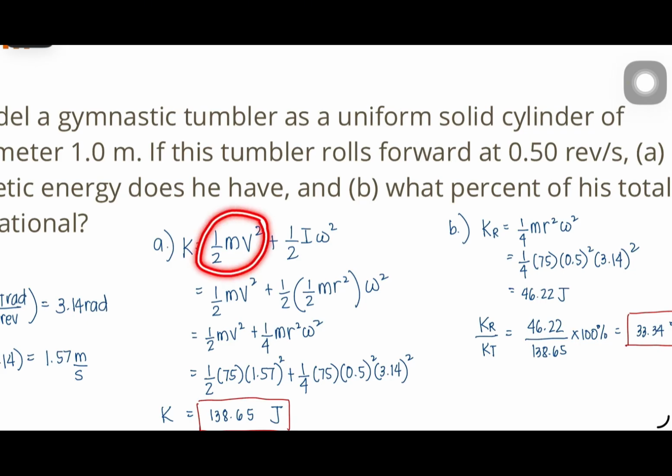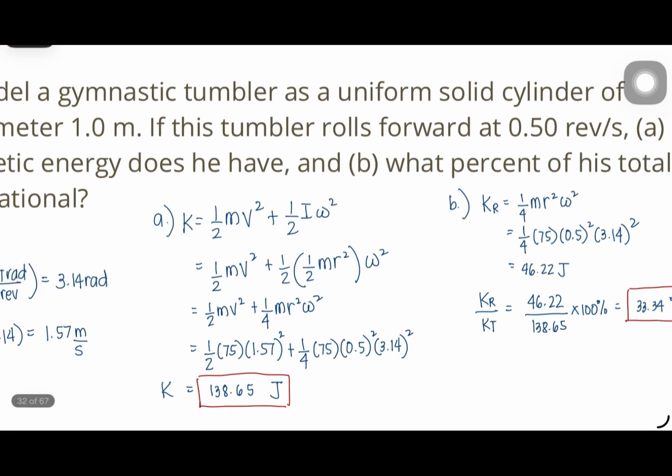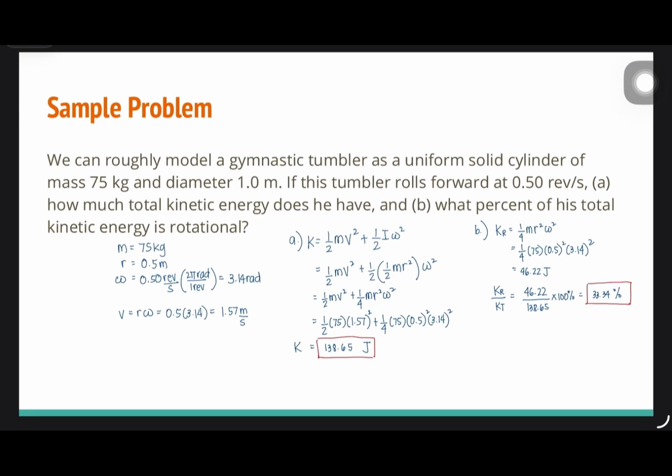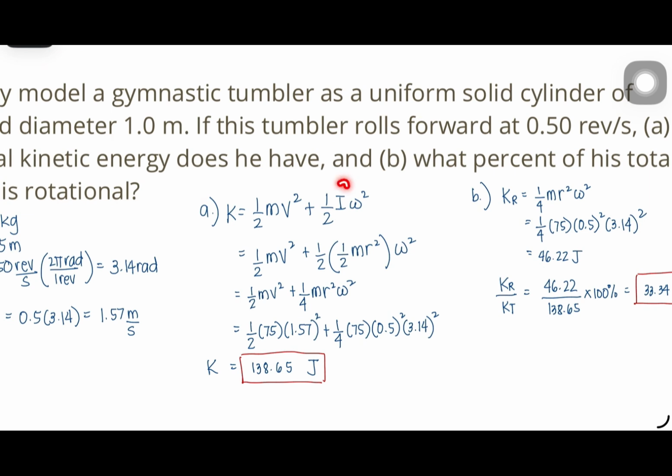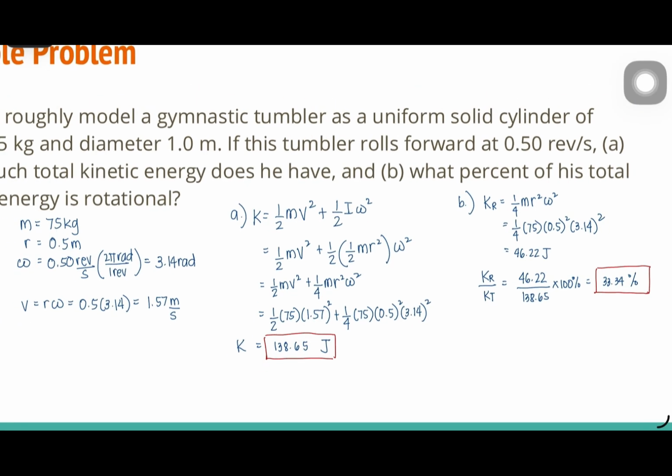Next, to solve for part A, this is the combined translation and rotation kinetic energy. 1/2 m v squared, ito po yung formula ng translational. Then, ito naman yung formula ng rotational. So, para makuha natin yung value ng total kinetic energy, kunin muna natin yung formula for the moment of inertia ng uniform solid cylinder. So, ibig sabihin, pag uniform solid cylinder, ito yung gagamitin nating formula.